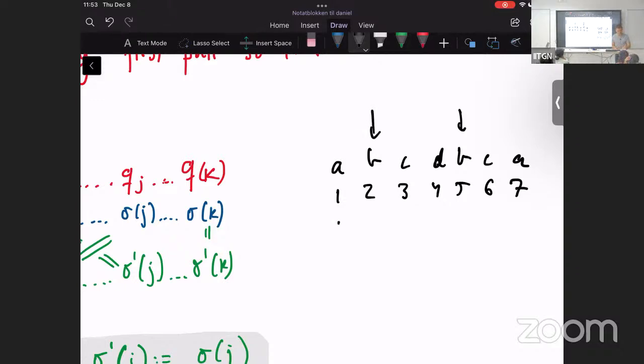So when I flip, I'm going to get 1, 5, 3, 4, 2, 6, 7. So now this is my pair. Now in this walk, what is the first repetition? Yes, it's still B and B. So what do I flip? I flip 5 and 2. And what do I get? 1, 2, 3, 4, 5, 6, 7. If you flip something twice, it comes back to where it was.